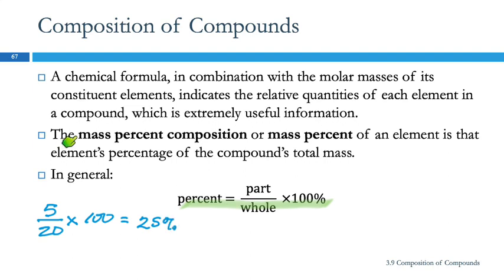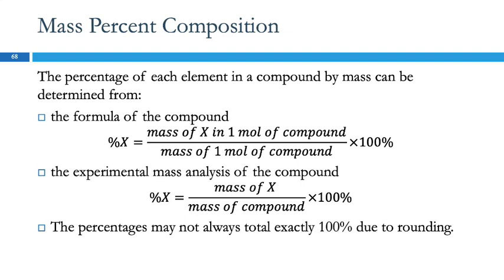Here, where we're talking about mass percent composition, we're looking at the mass of an element, that's the part, divided by the compound's mass. So you can do this from the formula of the compound. Because the mass percent does not change if you have more substance or not, right?